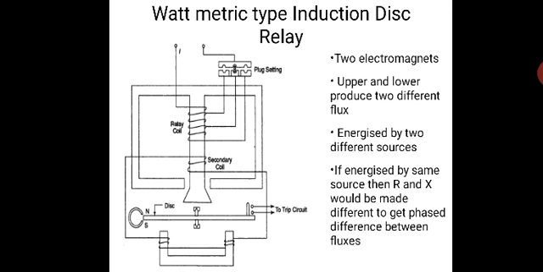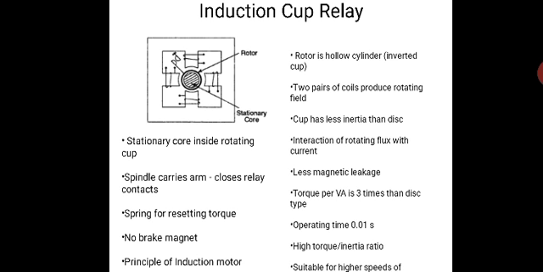Next, the induction cup relay. The induction cup relay is also based on induction principles. It most closely resembles an induction motor, except that the rotor iron is stationary, only the rotor conduction portion being forced to rotate.